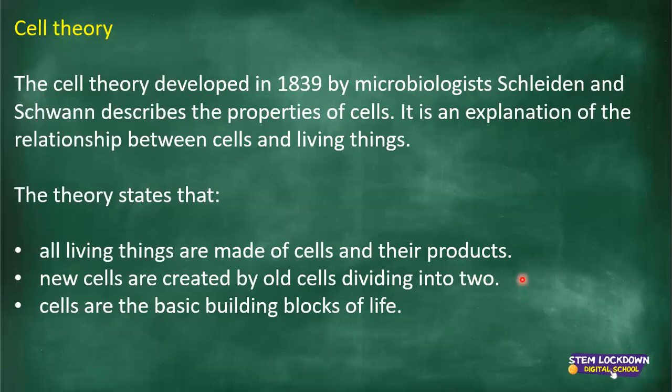That's the process of forming new cells from old cells. Whenever you have an offspring, that offspring is a combination of new cells which were made from old cells, which are the cells from the parent cells, right? That's the theory there.